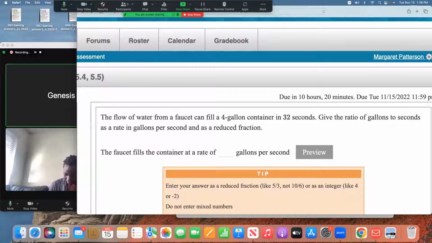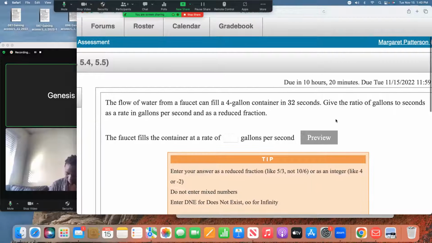Give the ratio of gallons to seconds. Reduced. So gallons is 4 and seconds is 32. So get the order just the way they asked for it. Gallons first, 4, seconds second. So it's 4/32. You've got to divide both of them by 4. 4 divides 4 once, 32 divides by 4, 8. So it's 1/8.